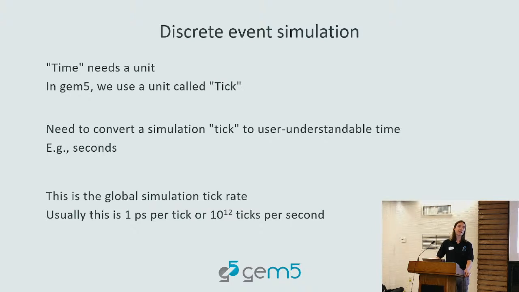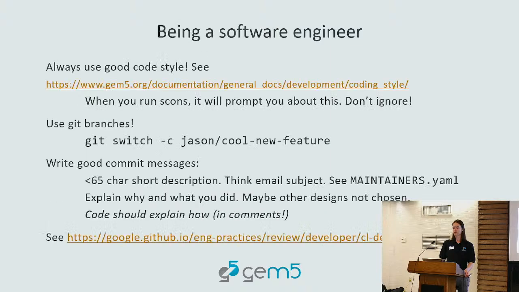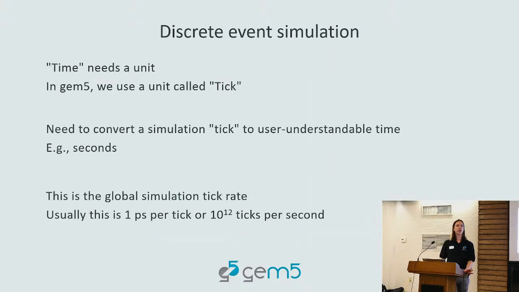This is the simulated time, not the simulator time, the simulated time. It is operating at the granularity of 1 picosecond, so the quantum is 1 picosecond. Any questions about discrete event simulation, et cetera? Only one more slide between you and lunch.